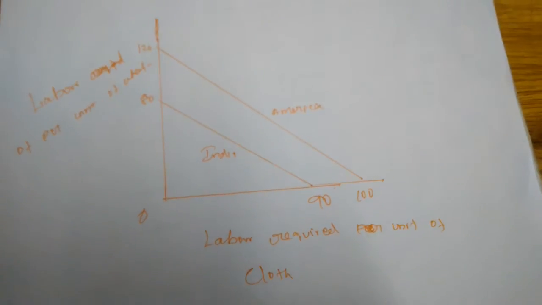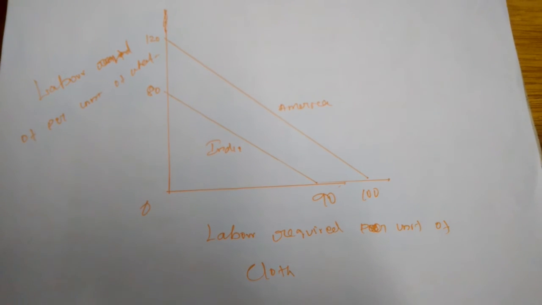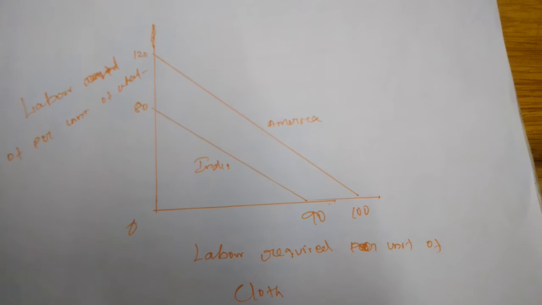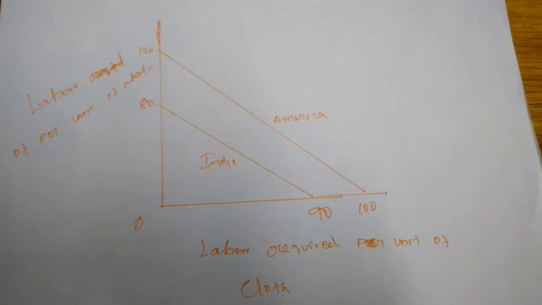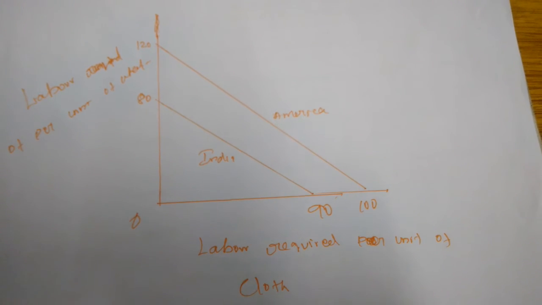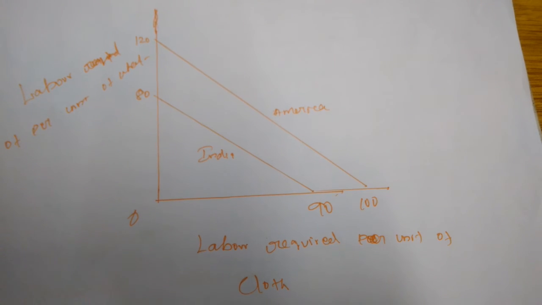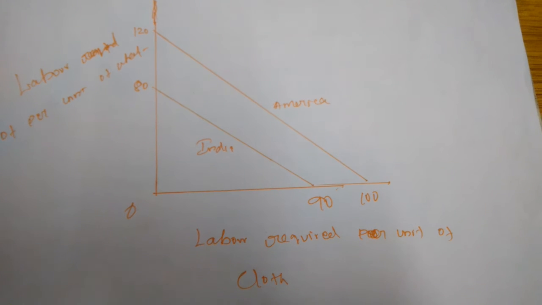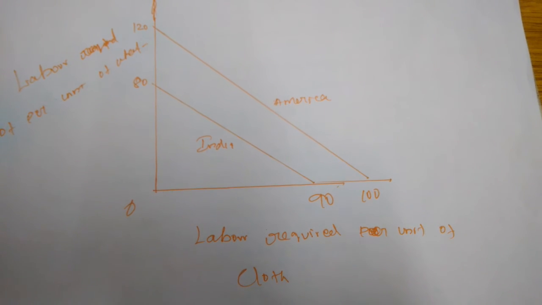So like that, just you see. America requires 100 units of labor per unit of cloth. India requires 80 units of labor per unit of wheat and 90 units of labor per unit of cloth.